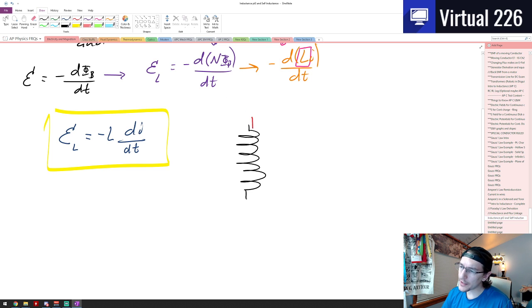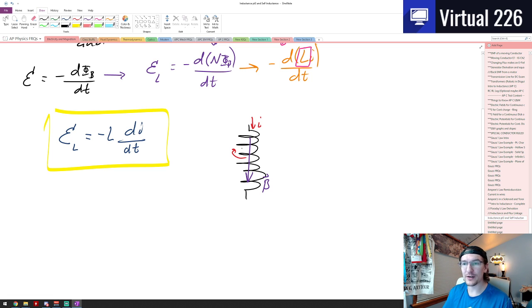When you run a current through this, let's say the current is going around like this, you're going to get a B field that's generated. And that B field is going to point this way, down. Well, you had no B field, and now you have a B field going through these loops.